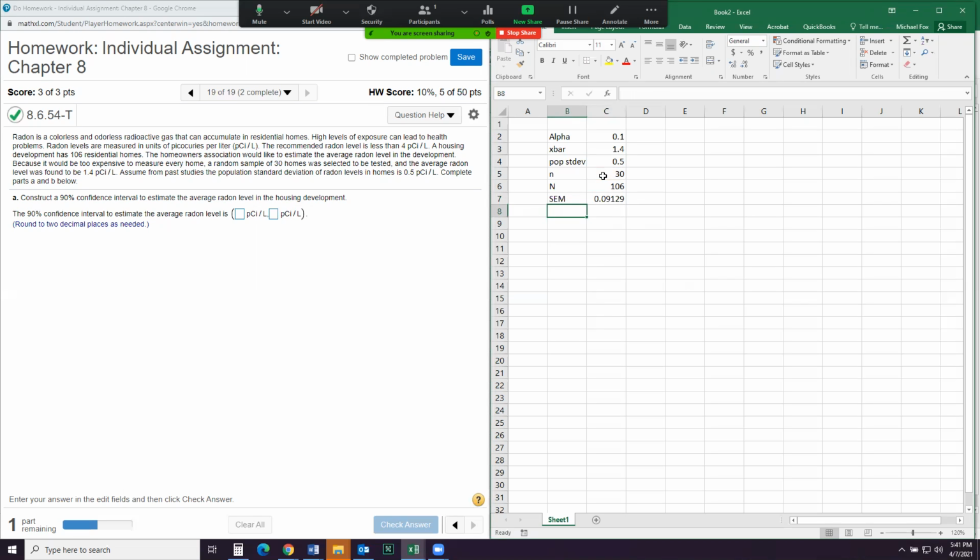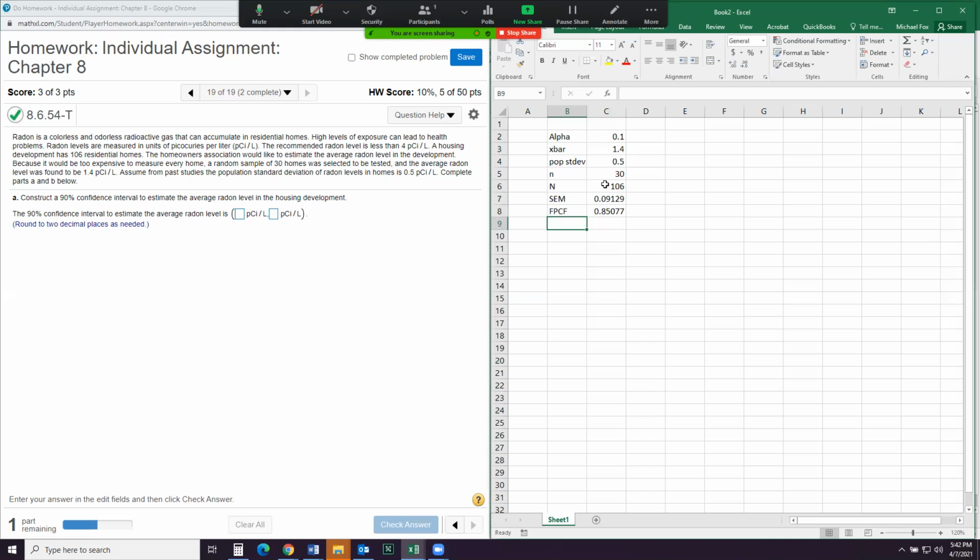So that's my standard error of the mean. And then I'm going to have to correct that with a finite population correction factor. I have to do that anytime the sample size is more than about 5% of the population size. In this case, I've got a sample size that's almost 30% of the population size. To calculate that, I'm going to take the square root of big N, the population size, minus little n, divided by big N minus 1.